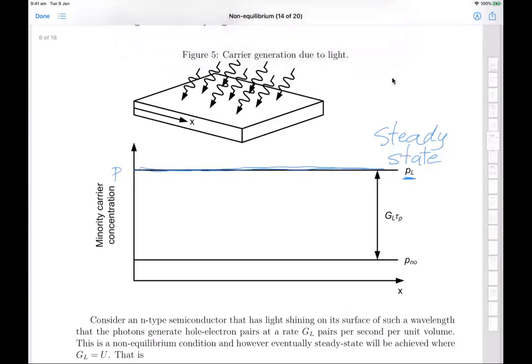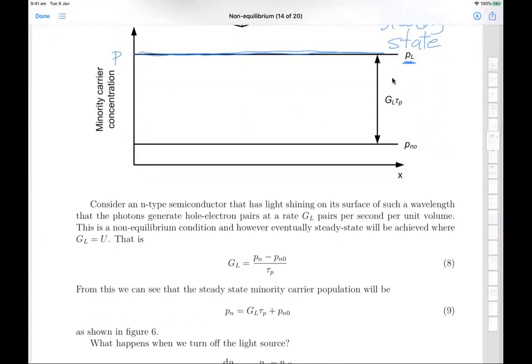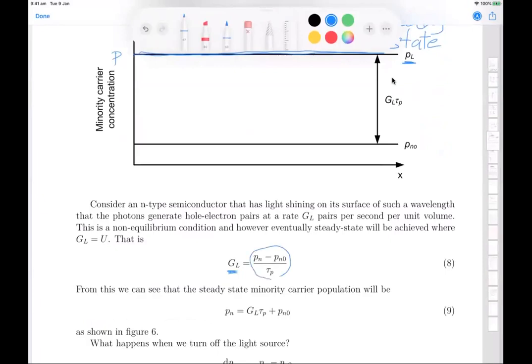Now, this new level depends on the rate of recombination. So if we say that G_L is the rate of generating electron-hole pairs, then in steady state we must match that generation with recombination. And so we can easily write down this equation for the steady state population of the minority carrier. And we see that it's a function of the amount of light that we put in the material.